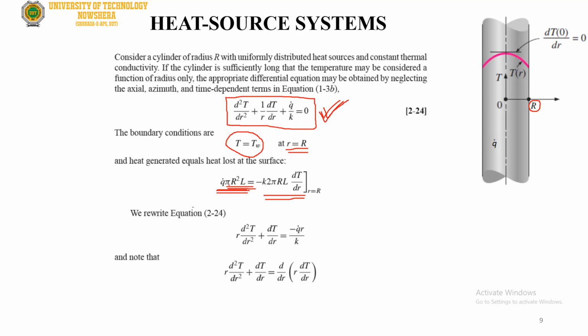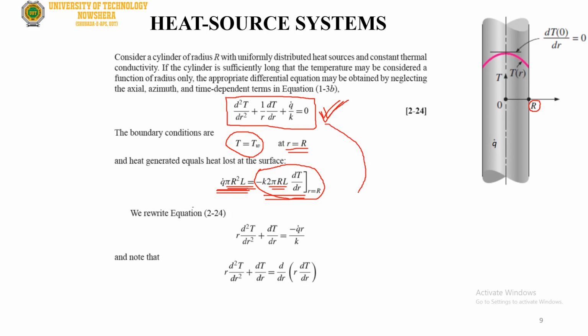So in this case, we will multiply Q dot with the volume of the cylinder. And you can see this is Fourier's law, but for a cylindrical system. You can see this 2 pi rL is the area involved in this conduction heat transfer.